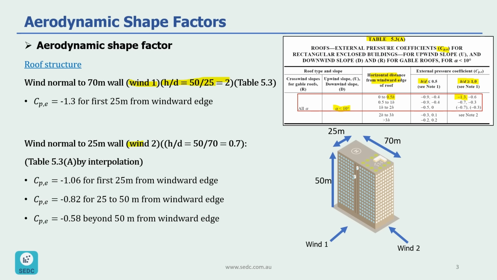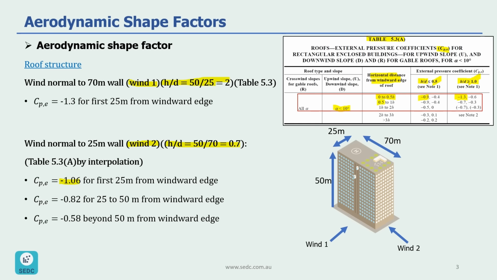If we look at the other direction, which is wind 2, our h over d would be 50 divided by 70, which is 0.7. Now we can see 0.7 is between 0.5 and 1. So we need to do interpolation between the values from these two columns. For 0 to 0.5 h, we need to do the interpolation between negative 0.9 and negative 1.3, which is going to be negative 1.06.